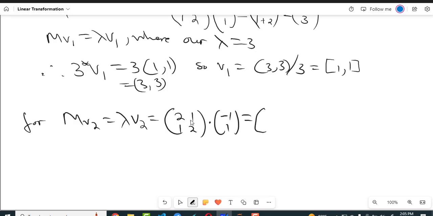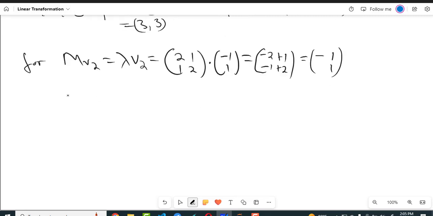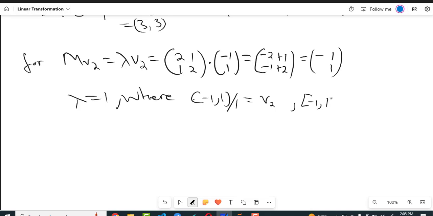Here we can see 2 times -1 is -2, plus 1, and -1 plus 2, which gives us a total of (-1, 1). It means that our lambda this time is equal to 1. If we divide by 1, we still get V2, which is (-1, 1).